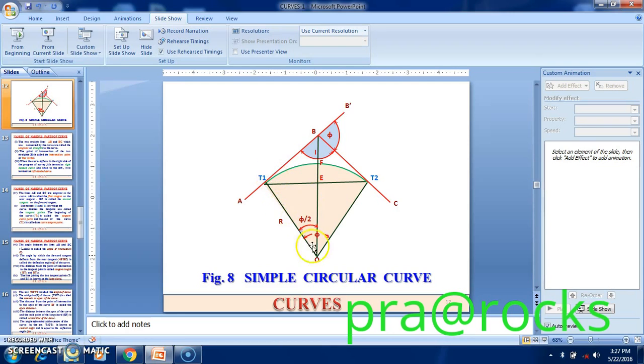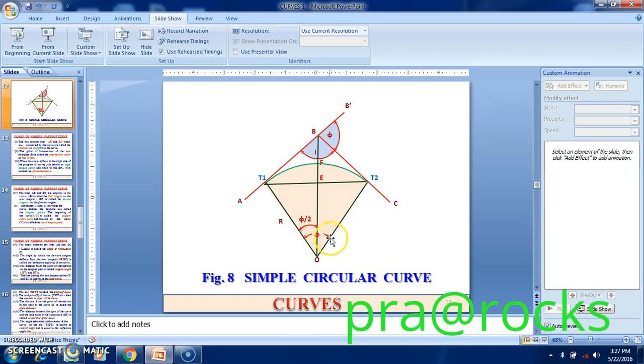And you can see in this figure this angle T1OT2 is denoted by the letter phi. That means the same as the deflection angle. Why? We know T1OT2 will be equal to 180 minus the angle of intersection I, since T1BT2O forms a quadrilateral, and the sum of opposite angles will be 180.